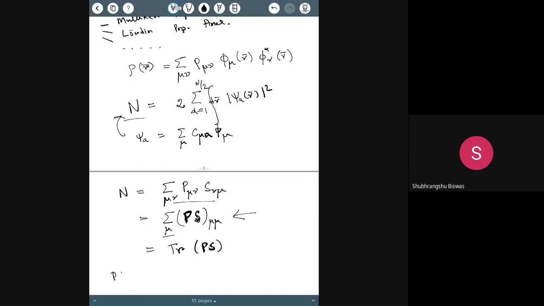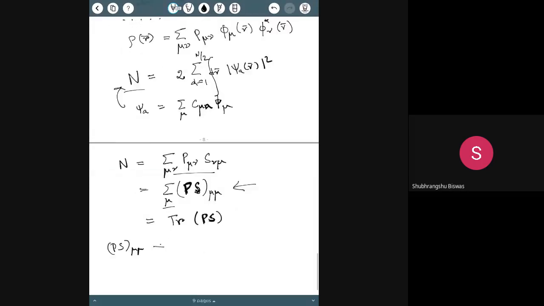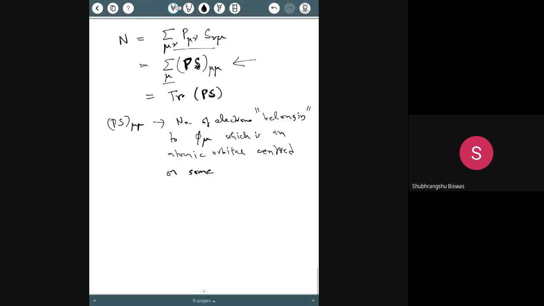So you can interpret PS mu mu as the number of electrons belonging to phi mu, which is an atomic orbital centered on some atom A. So let's say it's a particular atomic orbital.